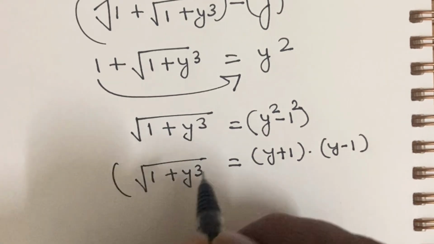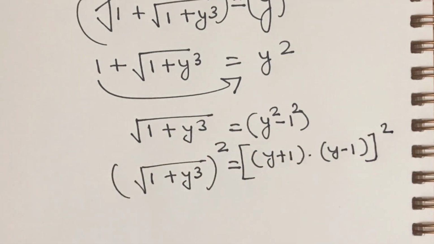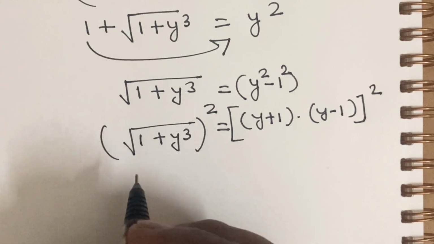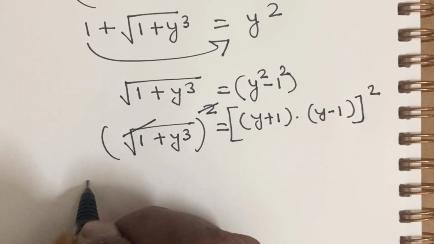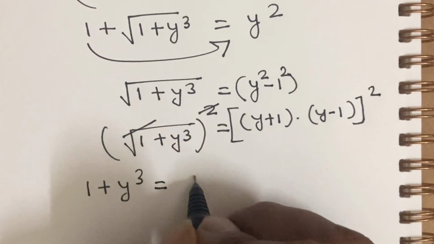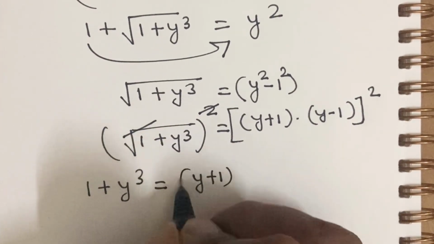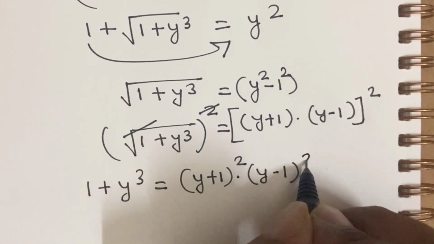Now again square on both sides. So our equation will change to, the square root is cancelled out, 1 plus y cube equals y plus 1 squared multiplied by y minus 1 squared.